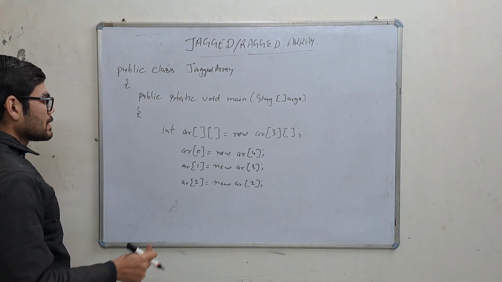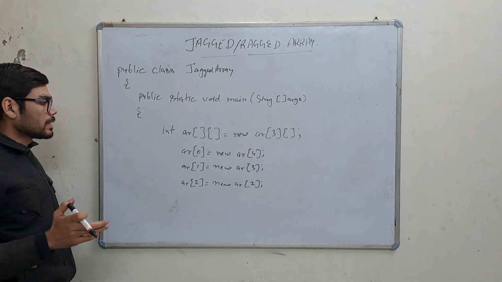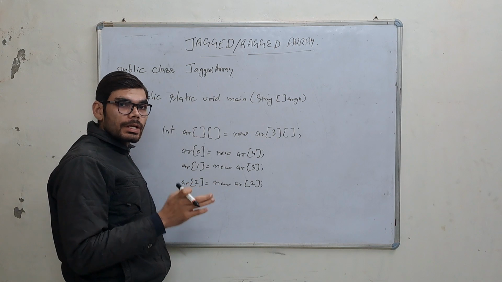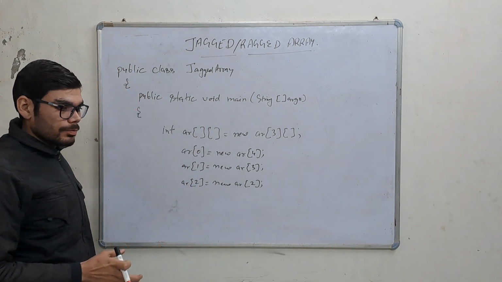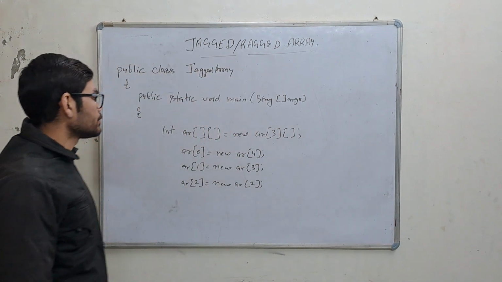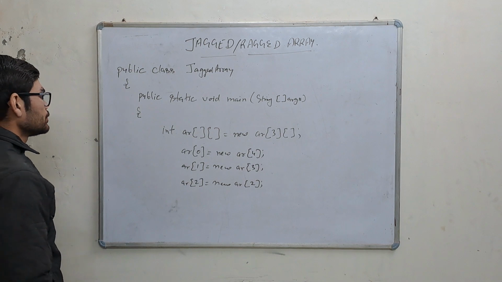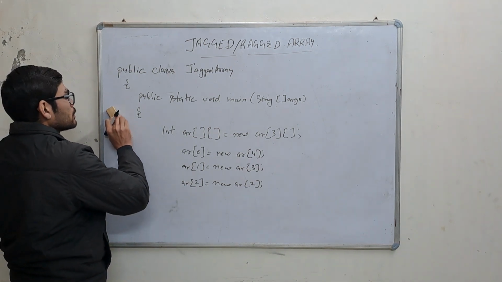This is the structure of the rows and columns, or we can say that this is the structure of the 2D array. Now we will assign the values into the array. Please take a screenshot of it. I am writing it.